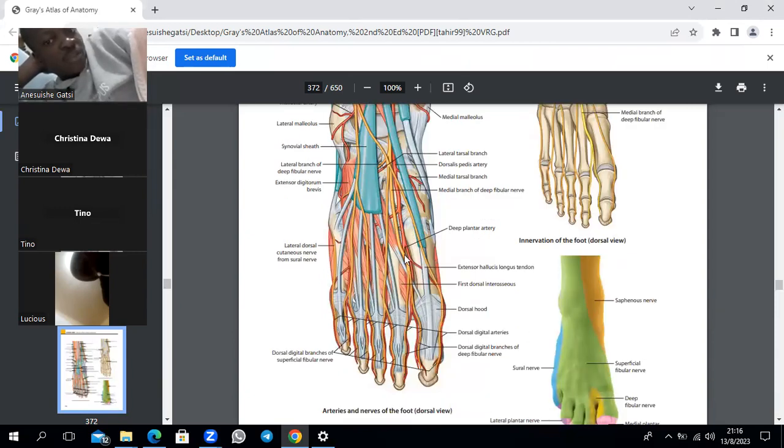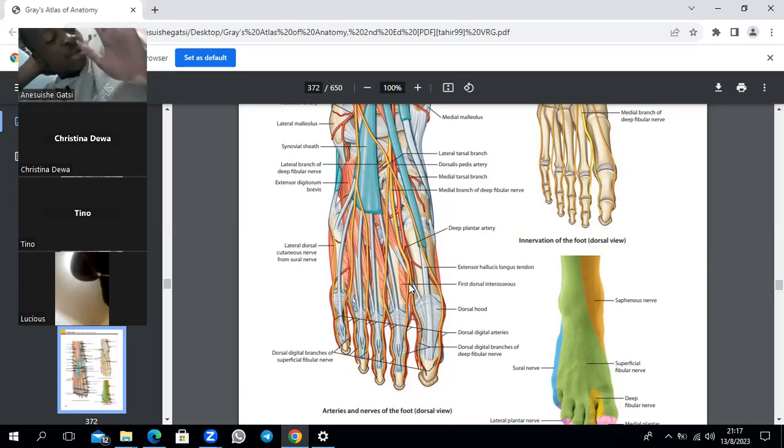This is your first dorsal interosseous there. So dorsalis pedis will pass between the two heads of the first dorsal interosseous. Then it will pass between the two heads of the adductor, this time around, adductor hallucis for the big toe. Then it curves to complete an arc that is on the plantar aspect of the foot, which we call the plantar arc.